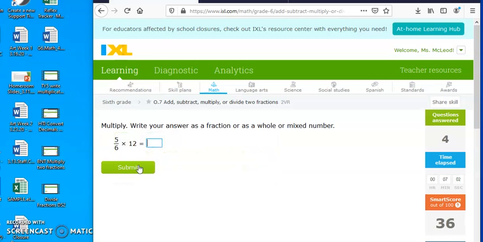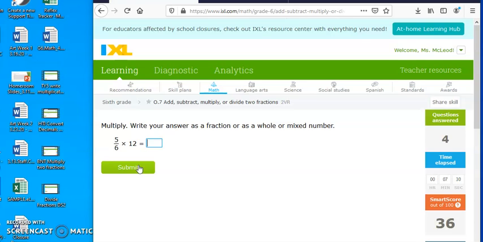Okay, so with this problem, we're going to do some multiplication. We cannot multiply a fraction by a whole number without changing that whole number into a fraction. And whenever you change a whole number into a fraction, you simply take that whole number and put a 1 underneath that whole number.